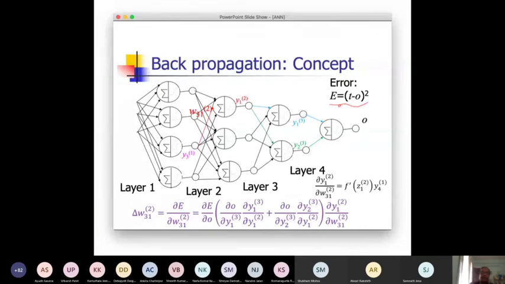In my description, every node is numbered, and the superscript represents the layers. This is layer 1, this one is layer 2, this one is layer 3, and this one is layer 4.